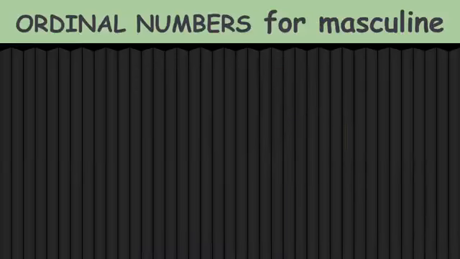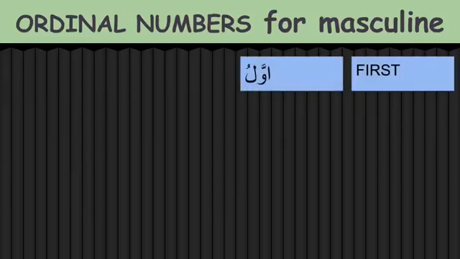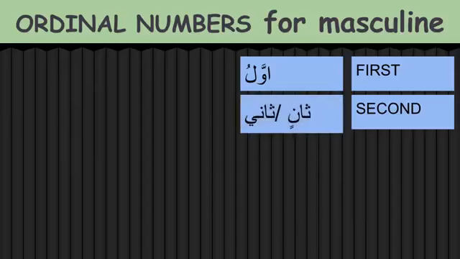So going to the masculine nouns, how do we say first book or first boy? So first is said awwalu, and second is called thaniyun or thanin. It's like ghalin, where the ya with dhamma changes into a kasra. That's the pattern here. Thanin, fa'ilun.